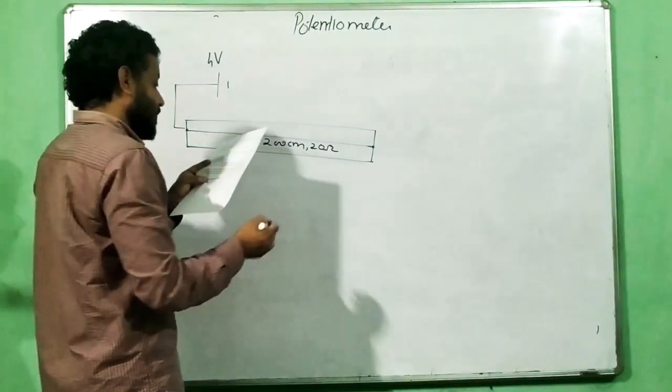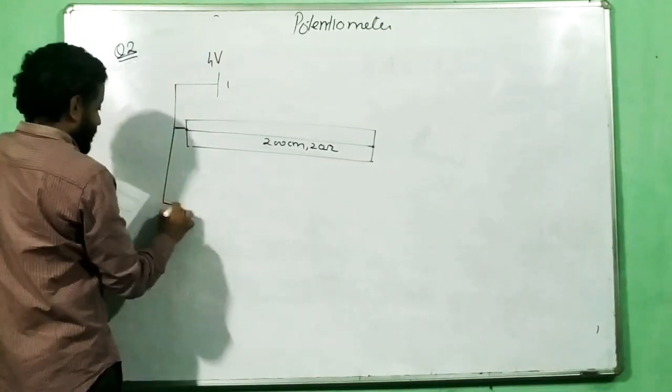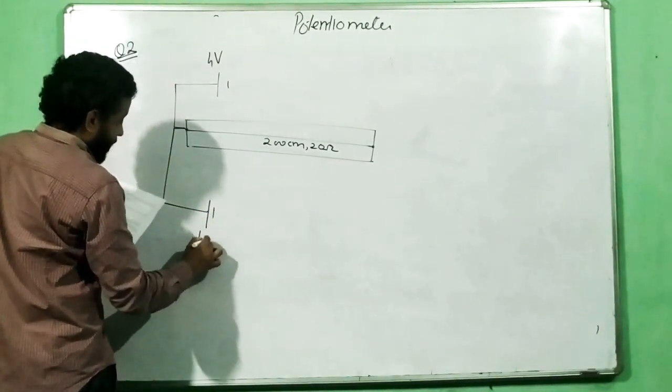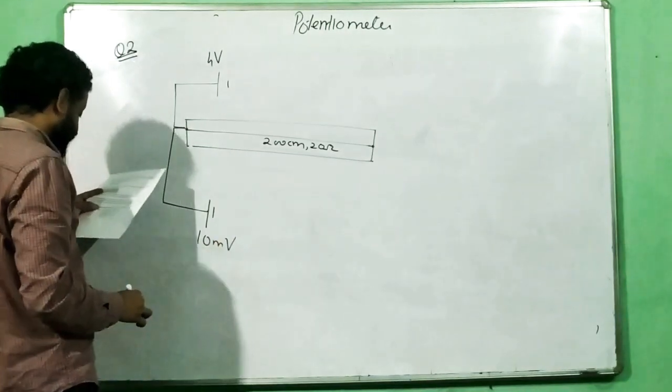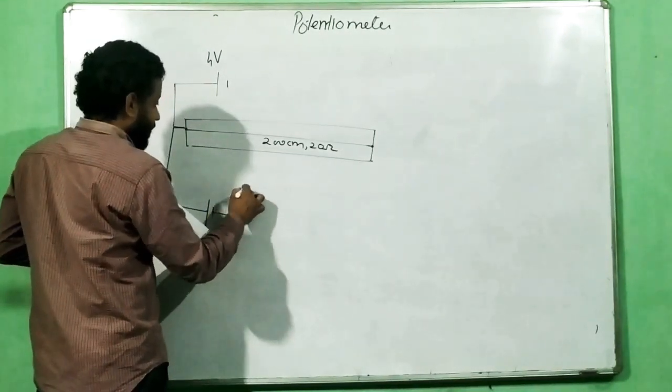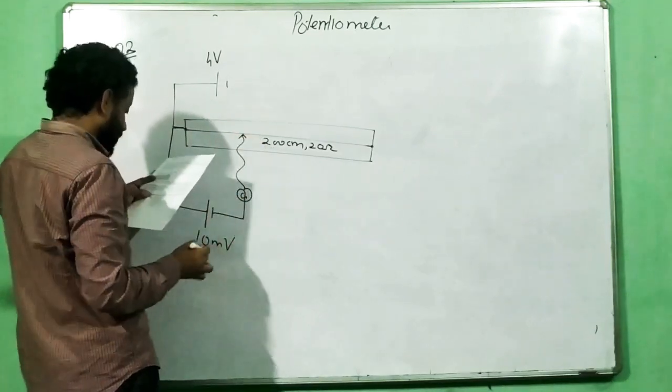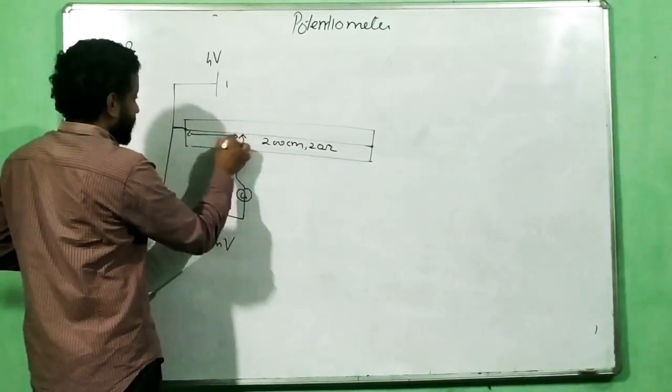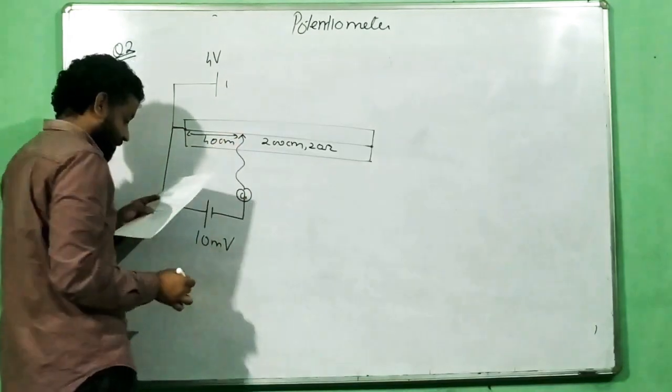And the source EMF of 10 millivolt is balanced. So there is a source EMF here, and this EMF has a value of 10 millivolt, very less, and this is balanced over a distance of 40 centimeter.